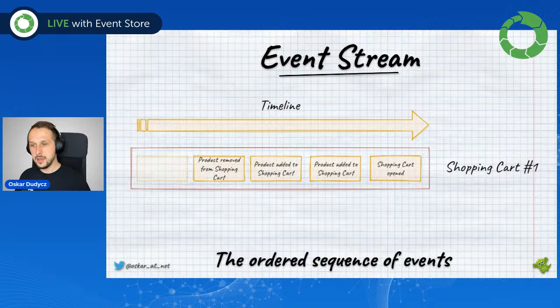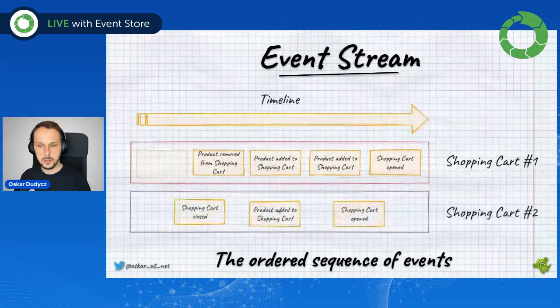We can see what precisely has happened during its lifetime. At first we see that the shopping cart was opened, then a product was added to it, then another one, then we decided to remove one of the products, and in the end probably we will get a shopping cart confirmed event, and then we can take it from there.